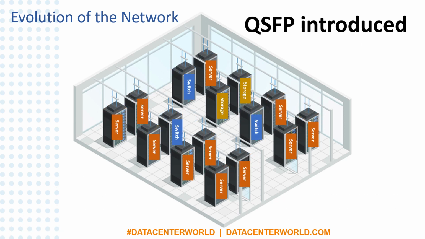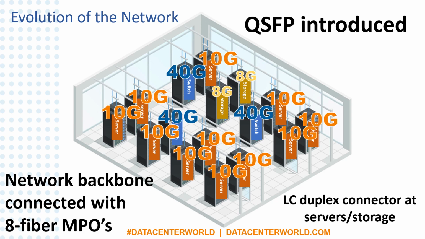And in recent years, the QSFP was introduced, which stands for the Quad Small Form Factor Pluggable. And this meant that 40 gig and faster speeds would then require 8 fiber connections and a new connector called the MPO. Now, most of the SAN connections still, and probably for the foreseeable future, will remain the LC duplex connector.